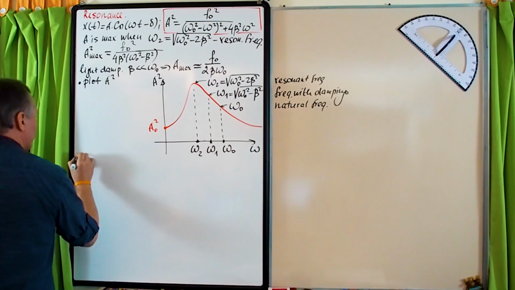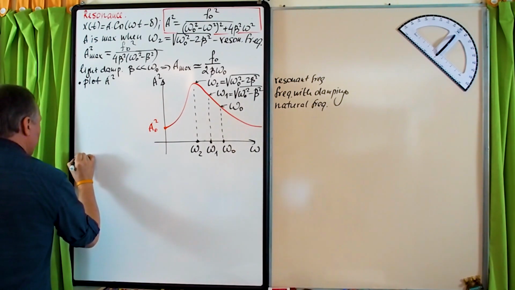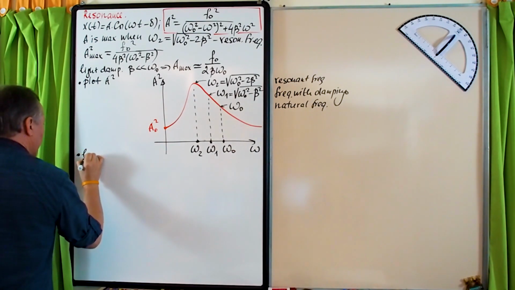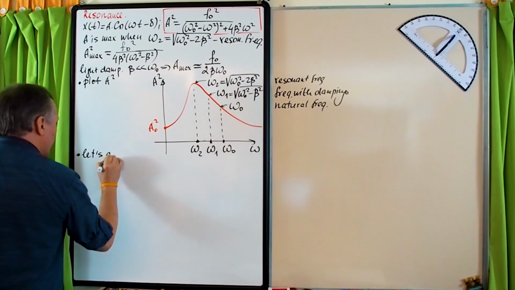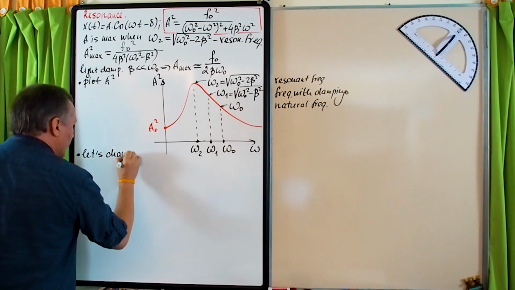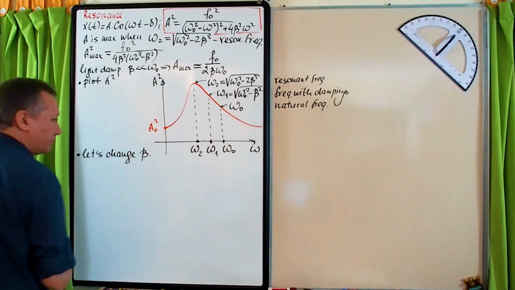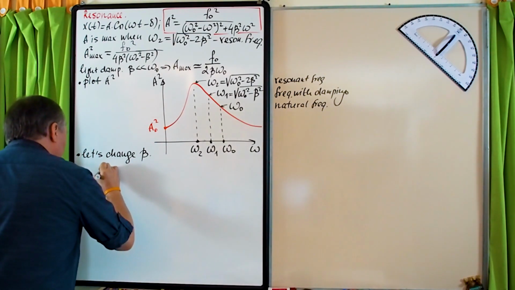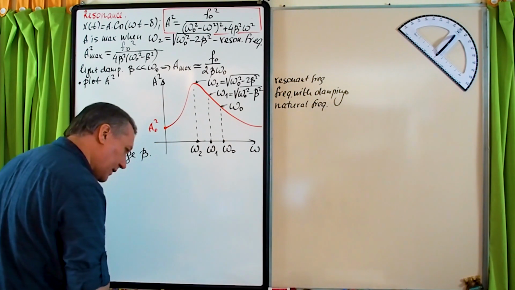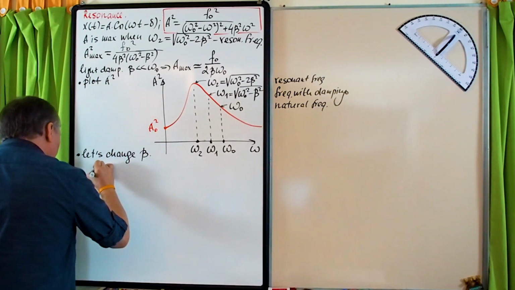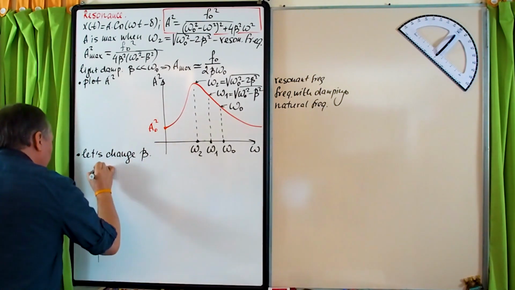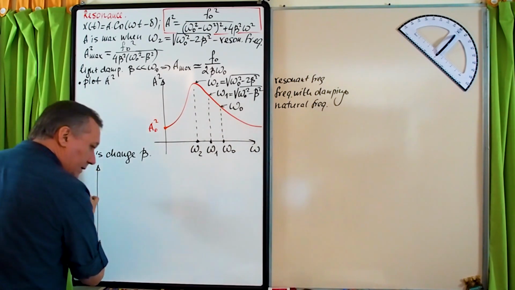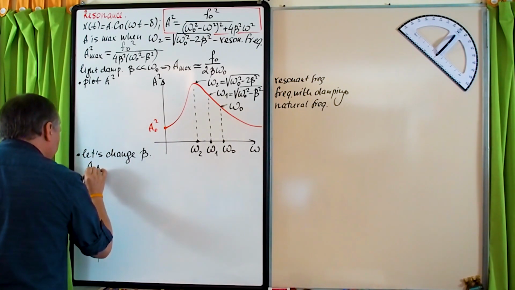Now, I will put a new bullet. So let's change betas. Okay, so let me estimate the space. I think I should be okay if I plot it like this. So again, this is a squared.